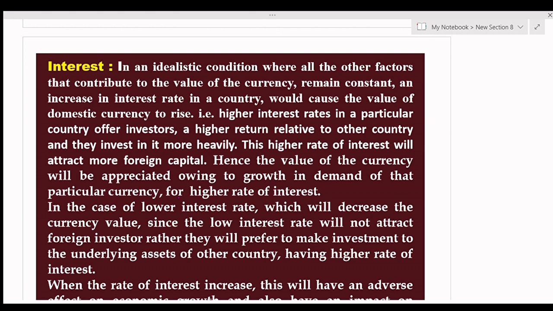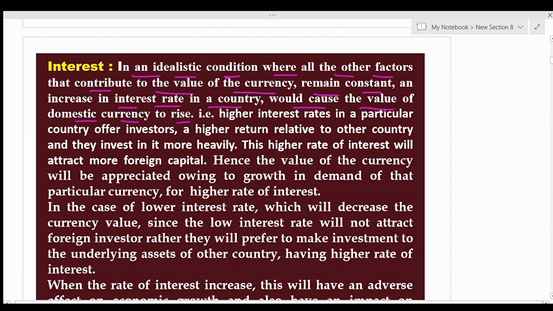First, interest. In an idealistic condition where all the other factors that contribute to the value of the currency remain constant, an increase in interest rate in a country would cause the value of the domestic currency to rise.